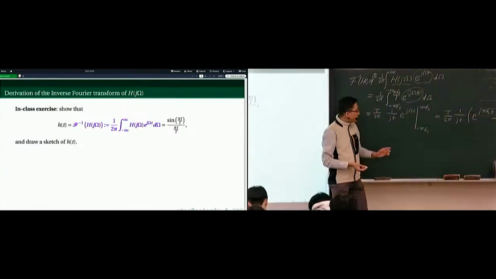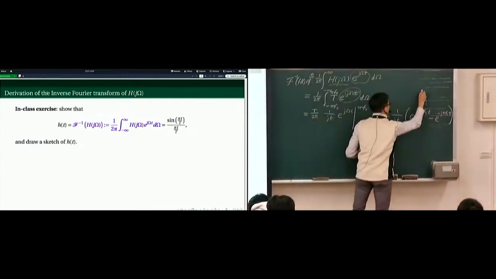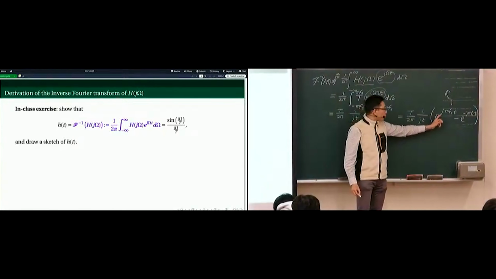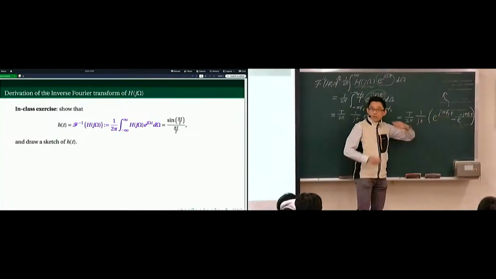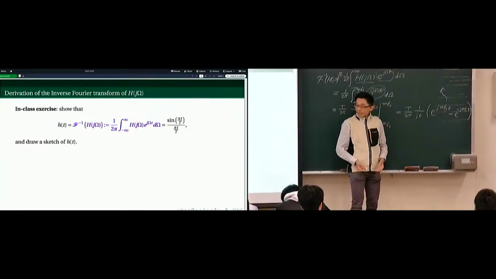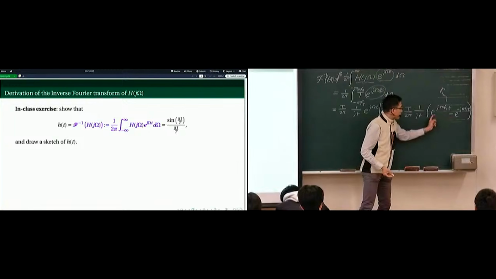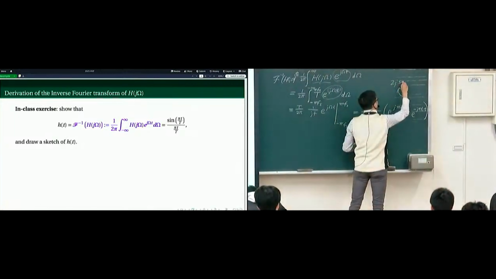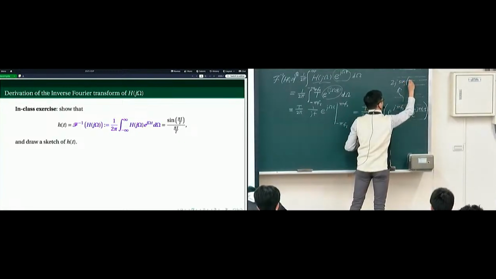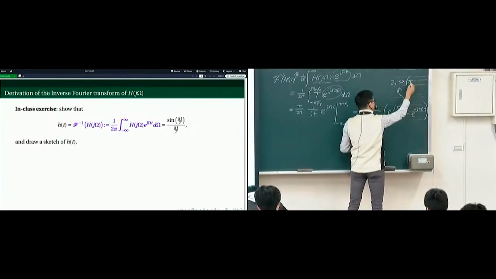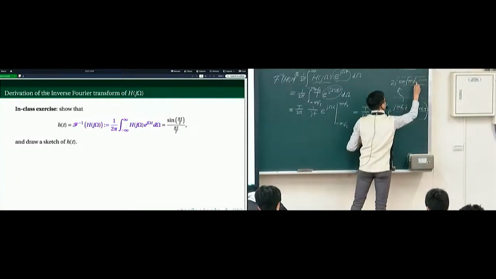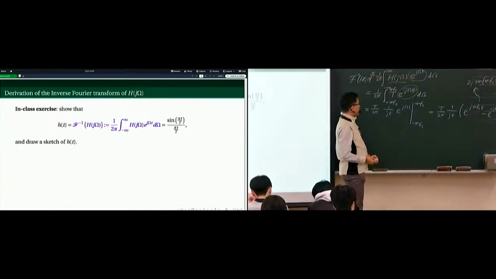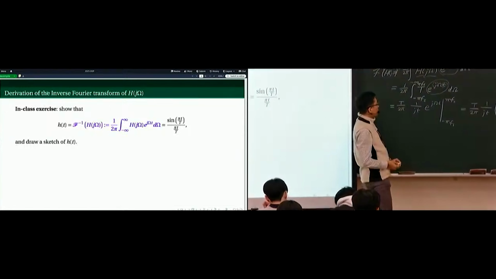By applying Euler's formula, e^{j something} is cosine of that thing plus j sine of that thing. When you subtract the two of them, what you get is 2j times sine of that thing on the exponent, pi fs t. Hopefully so far I'm still correct.